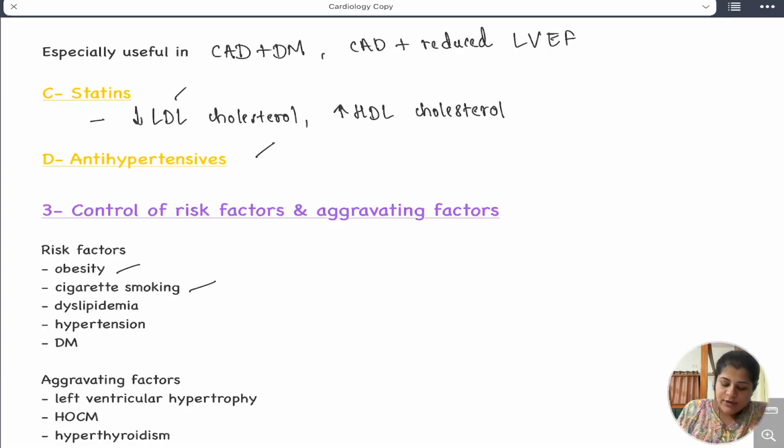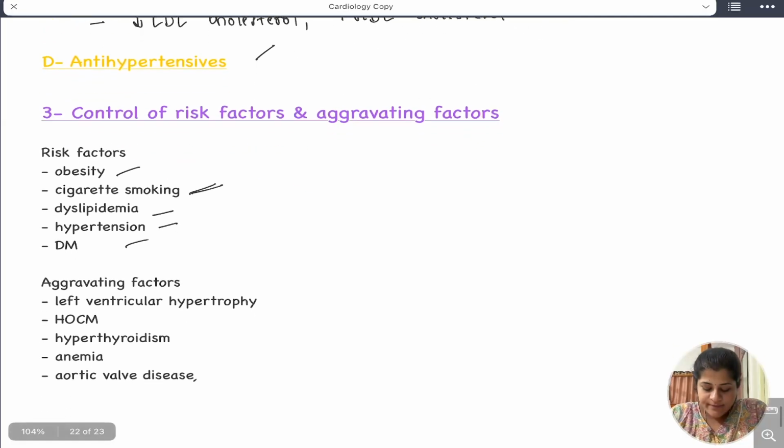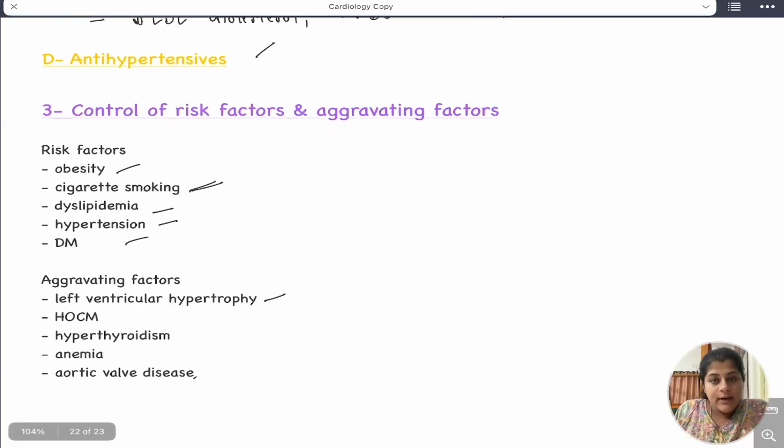Obesity, cigarette smoking: ask the patient to reduce weight, quit smoking, and keep cholesterol levels, blood pressure, and diabetes under control. There are certain factors that can aggravate angina: left ventricular hypertrophy, HOCM, hyperthyroidism, anemia, and aortic valve disease. All the risk factors and aggravating factors should be kept under control and properly treated.